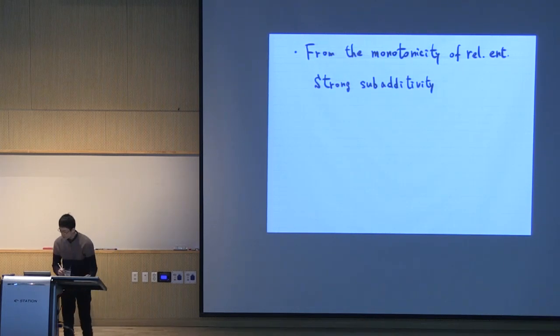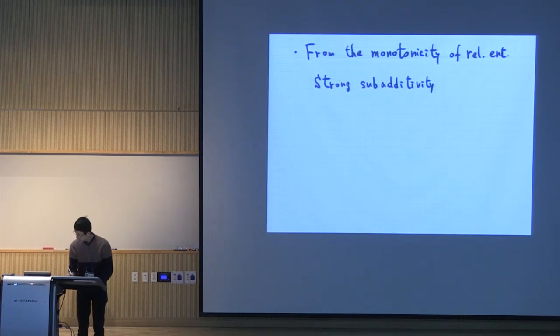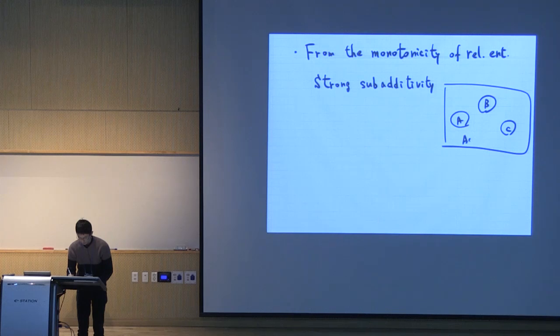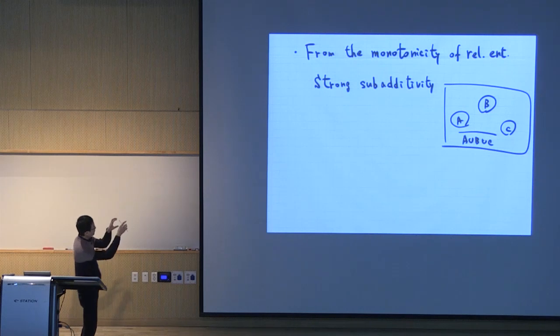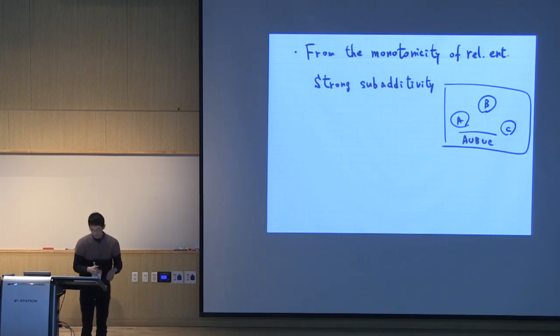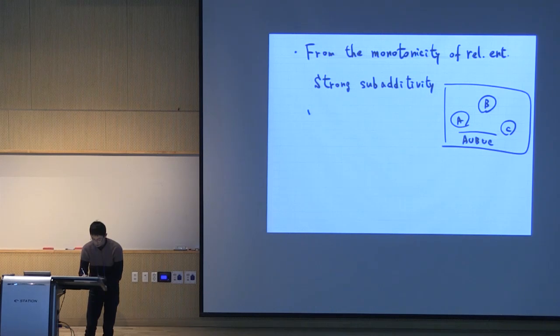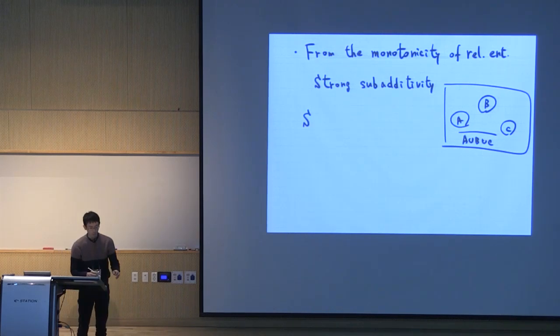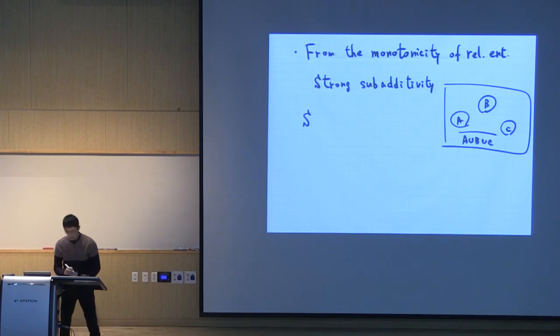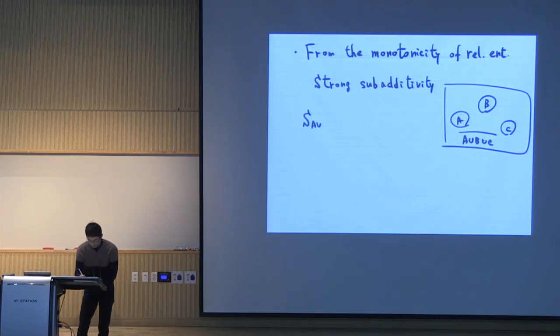When you talk about strong subadditivity, you usually consider three disjoint systems, A, B, and C. And of course there is some other complementary region, the complement of A union B union C. So now you pick three disjoint Hilbert spaces A, B, C, and you can define the entanglement entropy for each region, and of course for the region, say, the union of A and C, for example.